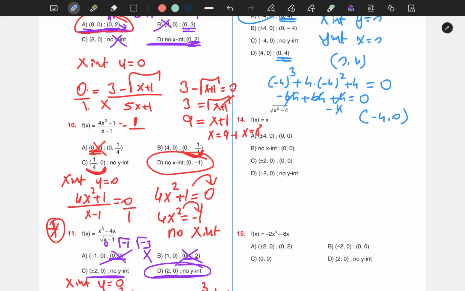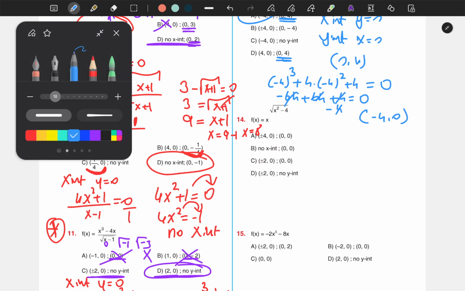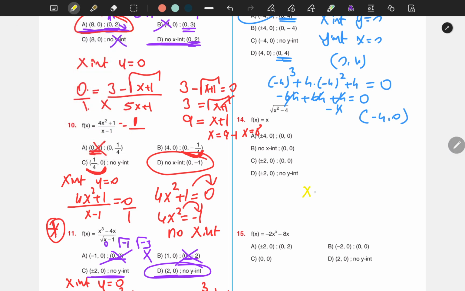Okay, another one. Actually, this function must be like this. X times x squared minus 4. Yes. Okay, find the x and y intercept. Let me check first 0 and 0. If I replace 0, I will get the 0. It means that D is eliminated. Okay.